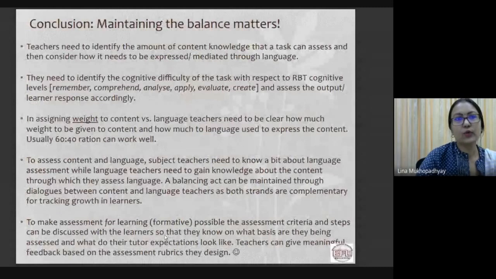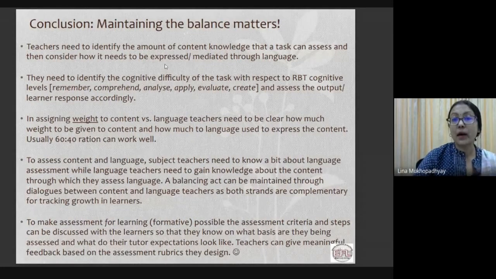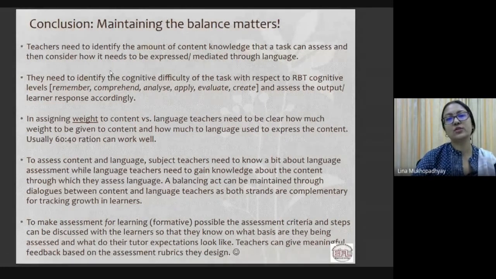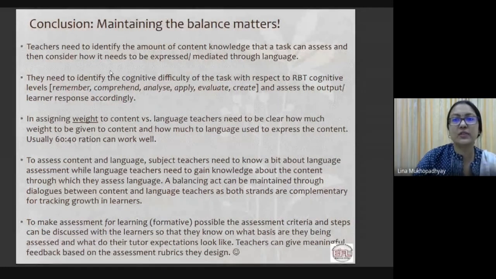Quickly concluding, when we think of content-based language assessment, we need to maintain the balance. Teachers need to identify the amount of content knowledge that a task can generate and assess, and then consider how it needs to be linguistically expressed or mediated through the language.